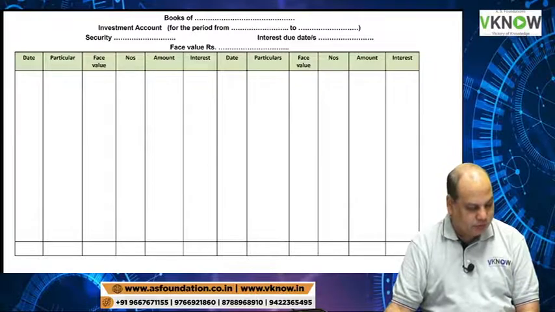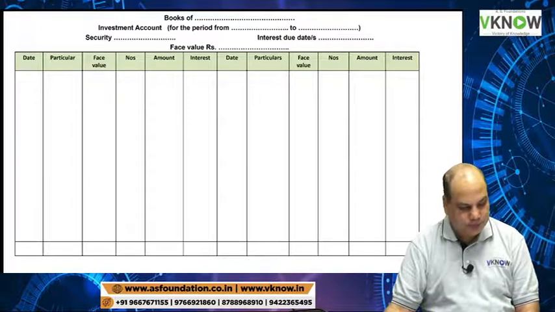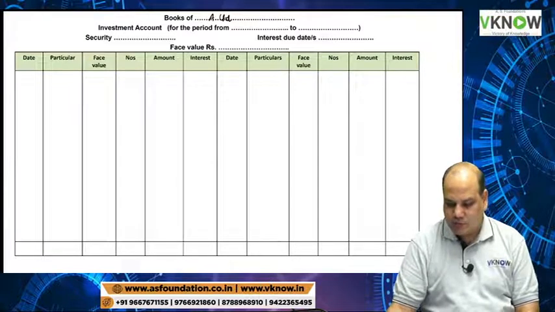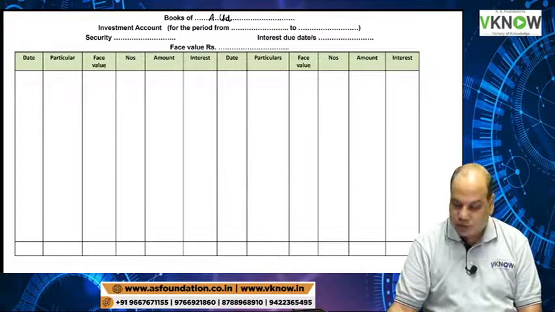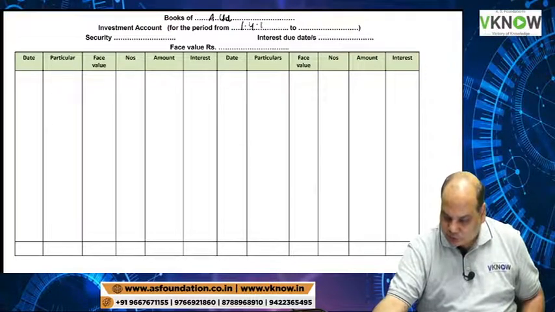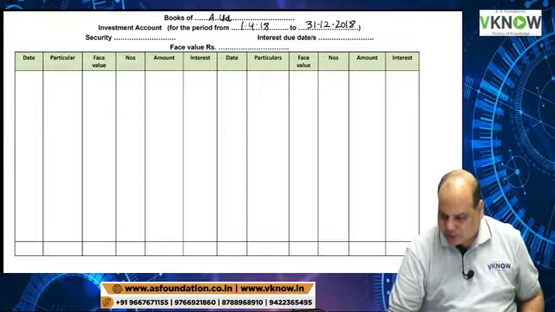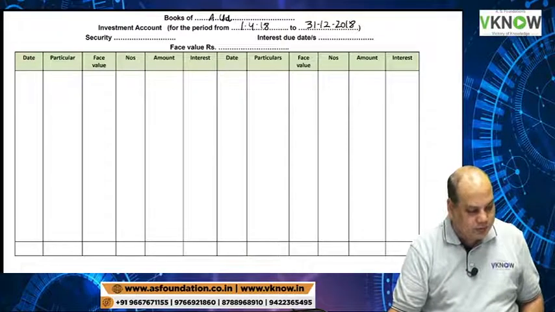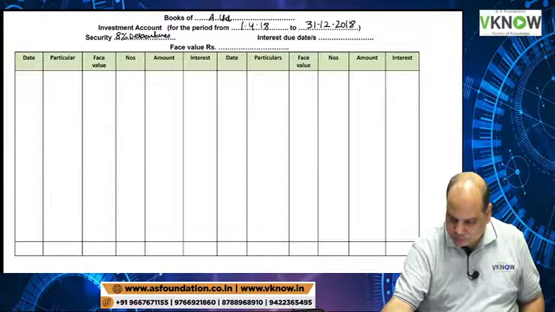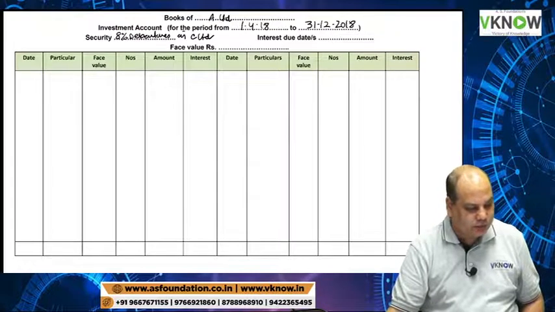So dear student, please write down books of A Limited, investment account for the period from 1st April 18. In this example, the year ending date is December 18. Name of the security, this is 8% debenture in C Limited.